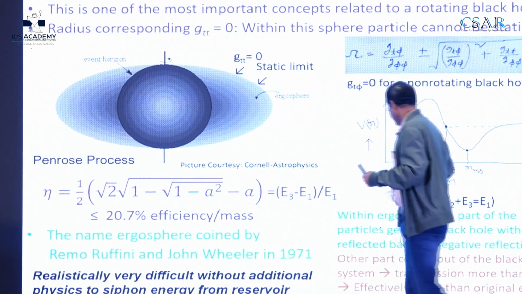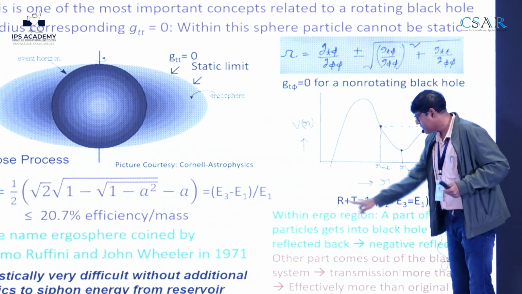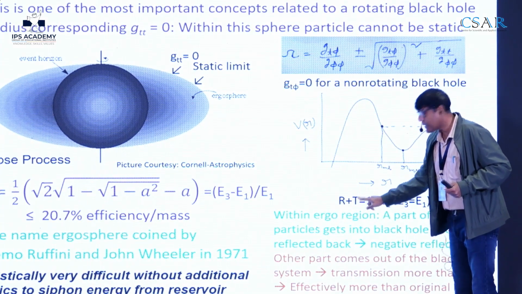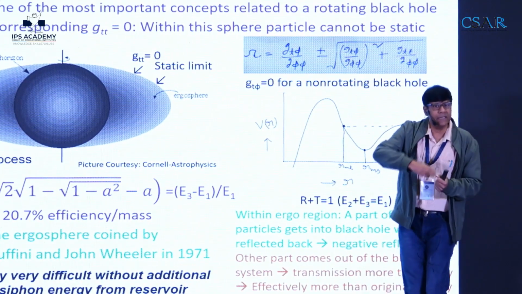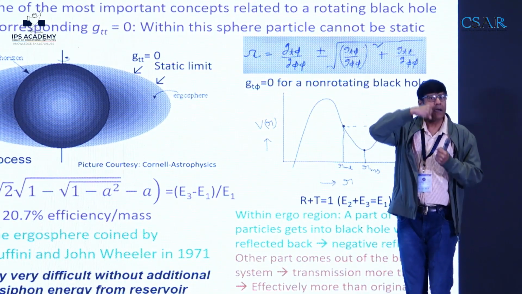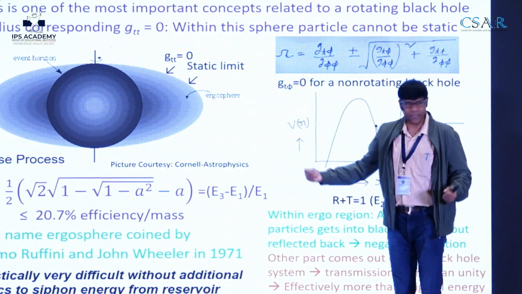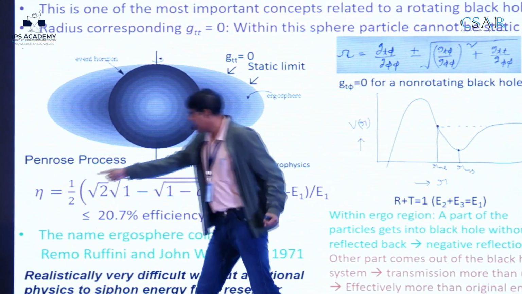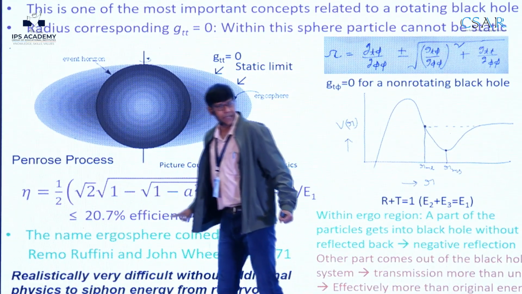As a result, the total reflection and transmission coefficient being 1, by conservation of energy, reflection is negative and transmission could be more than 1. That's how the extra-energy particle gains energy from the bath. That's basically called the Penrose process, and it can give an energy efficiency of up to 21%.